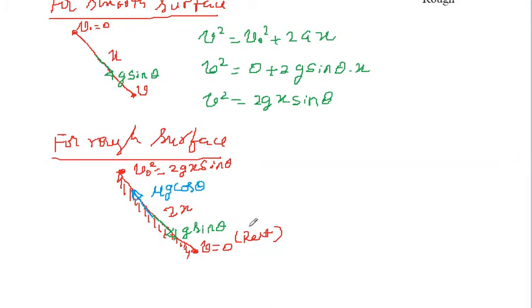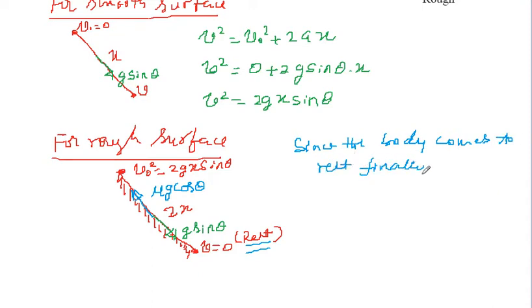Since the body comes to rest finally, mu g cos theta must be more than g sine theta.